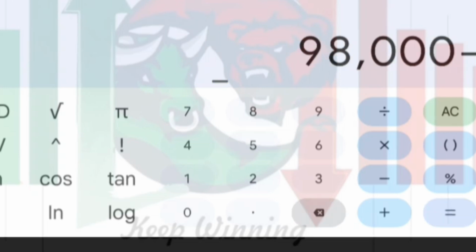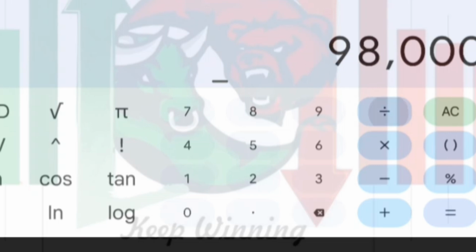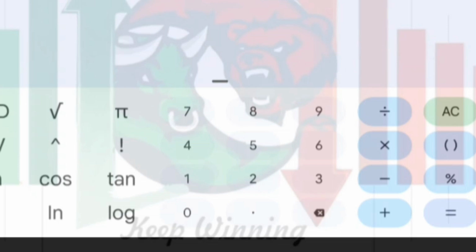Sorry guys, now 3k divided by 5 is actually 600. Remember guys, we started from 200, we came to 400, and now we are at 600, right?